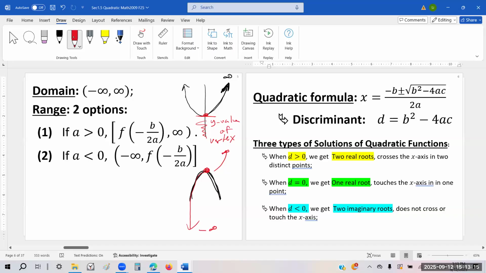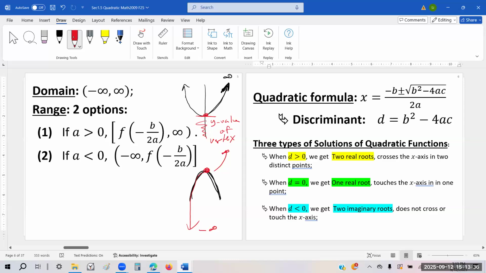Now, when you talk about quadratic function or quadratic equation, one formula that comes to mind is the quadratic formula. The quadratic formula is x equals negative b plus or minus the square root of b squared minus 4ac, the whole thing divided by 2a.